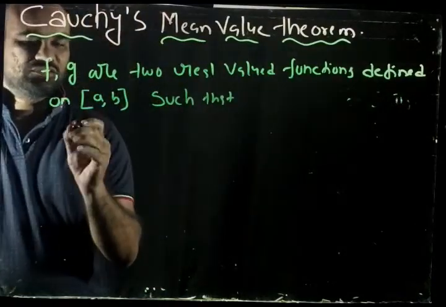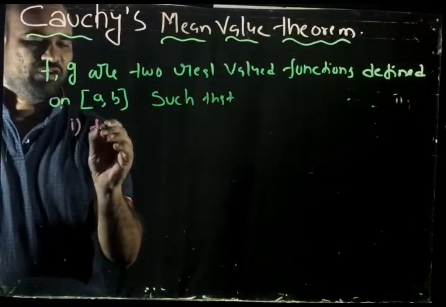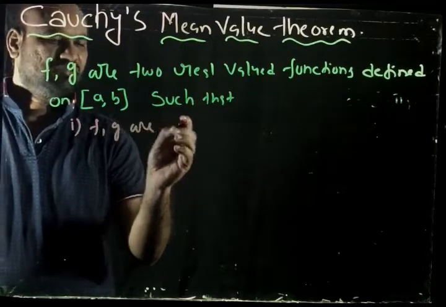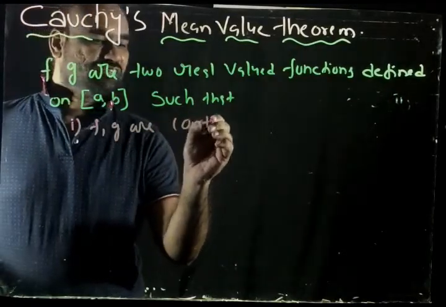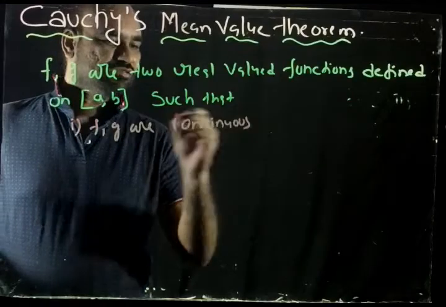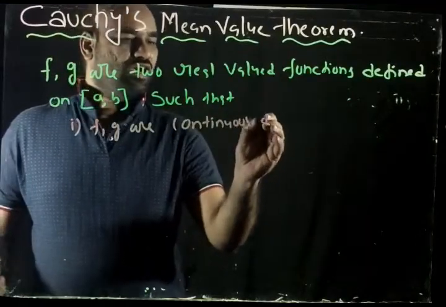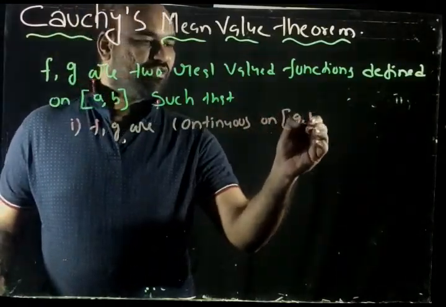First condition, f comma g are continuous functions on closed interval a comma b.